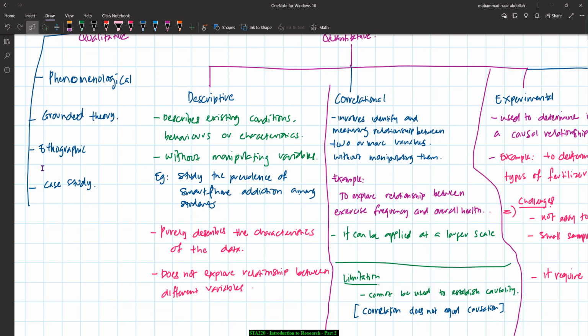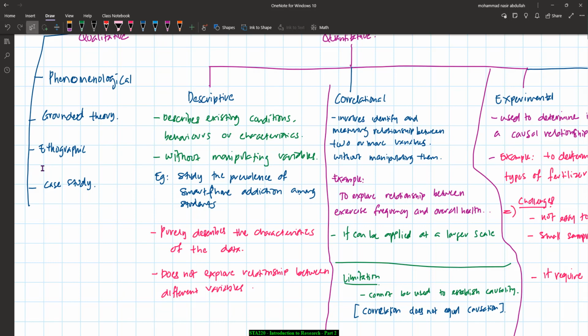For example, maybe we want to explore the factors influencing the success of a specific business, right? So this one you can go deeply into the organization. You can go to the organization to explore and understand what makes it tick, from marketing to HR to finance. Maybe the data collection involved will be interview, survey, and review of documents, right? And this is a case study.